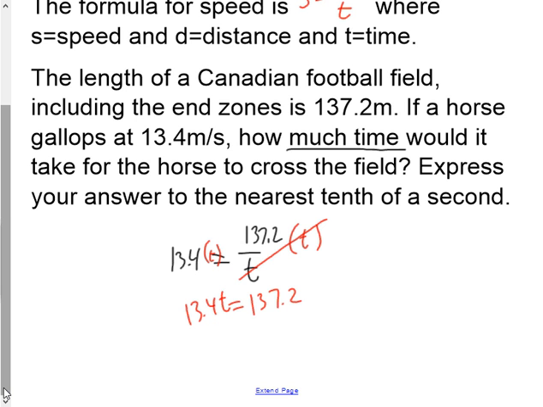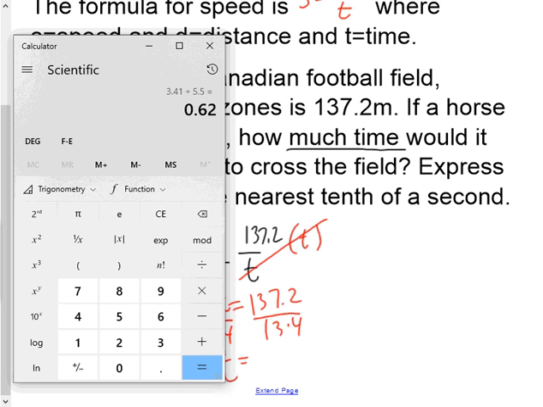Now you're going to isolate for t, because that's what you're looking for, how much time, by dividing by 13.4. I'll show you in a second. So that's going to give me t, and 137.2 divided by 13.4 is equal to that big long number.